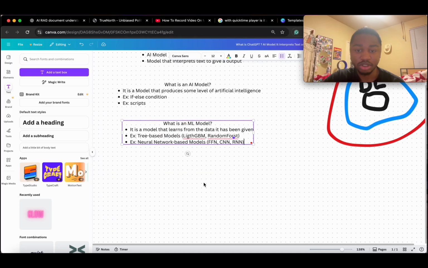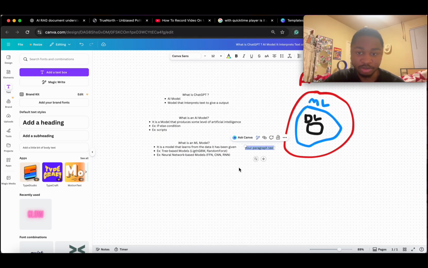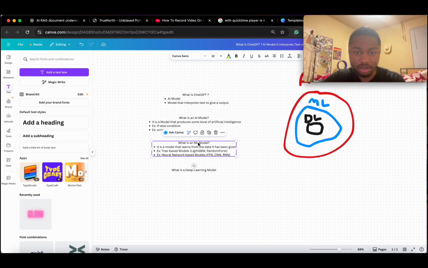So I'm gonna just write it down for clarity. What is a deep learning, DL model? I'm gonna spell all these out. Machine learning, and then AI could be the same.